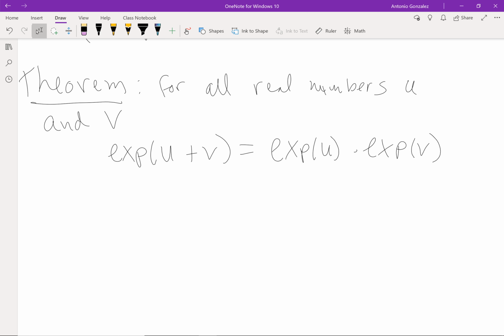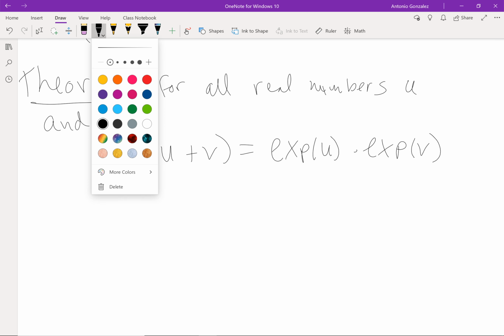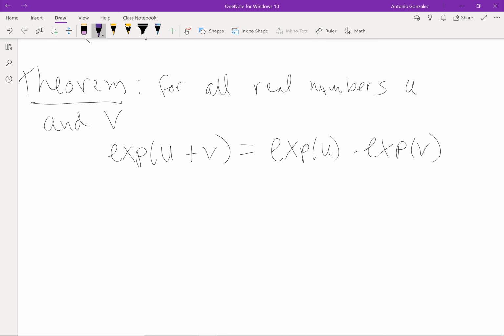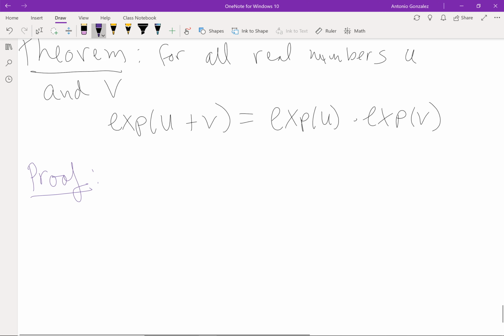Okay, so let's look at what the proof of this looks like. We'll start with the exponential of u plus v.